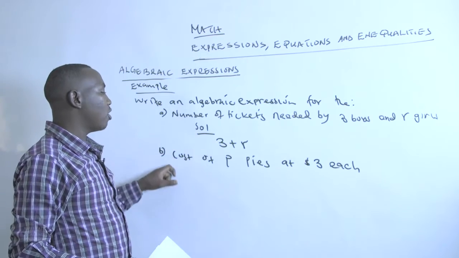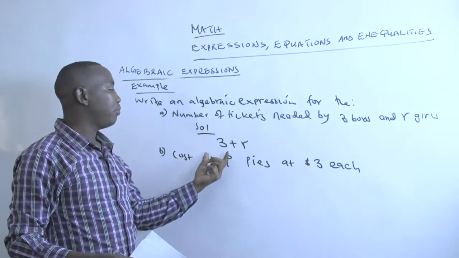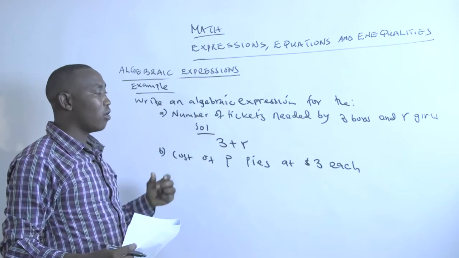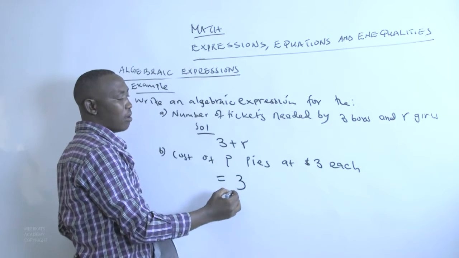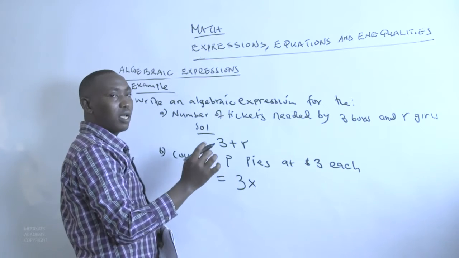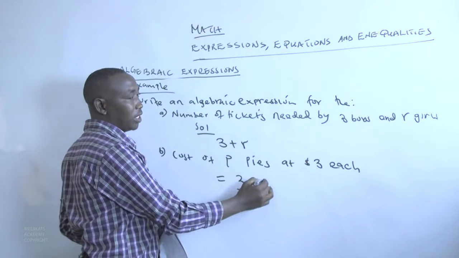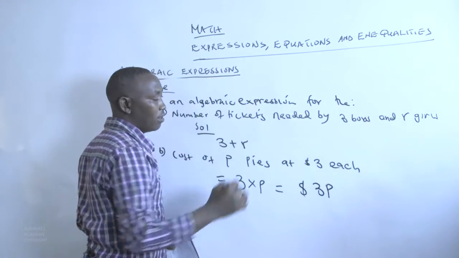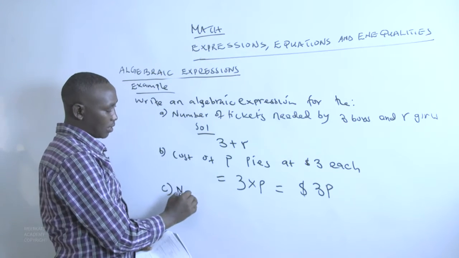So if you want to obtain the cost of purchasing pea pies, in this particular case, p is a pronumeral, and therefore you can get the total cost of the p number of pies, which you take the $3 multiplied. You take the $3, you multiply by the number of pies, which is p. This one will give us a total of $3p.